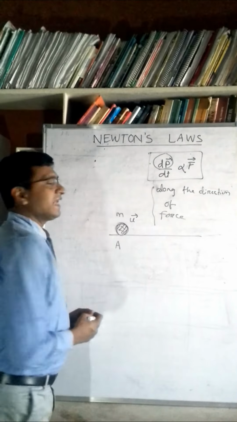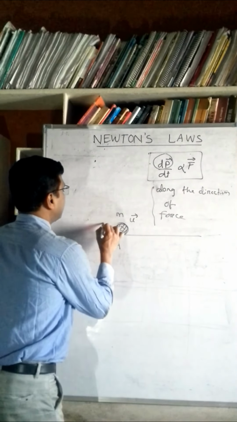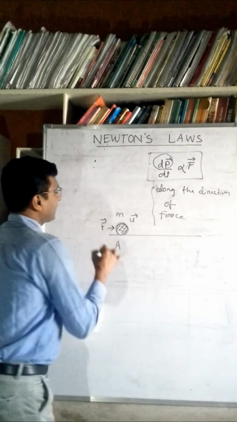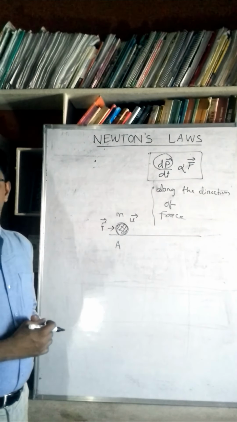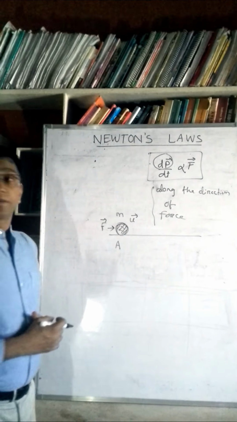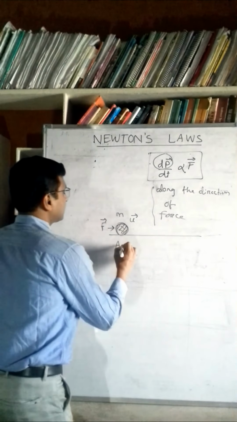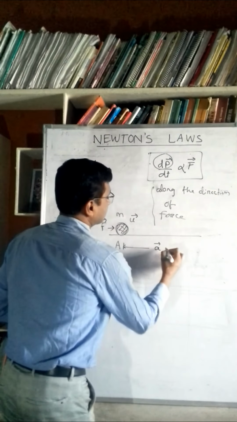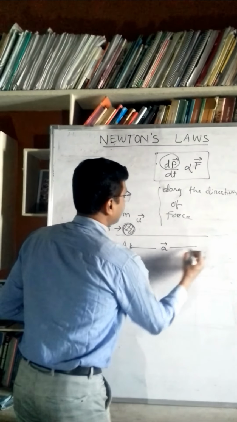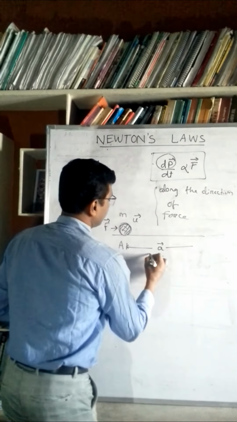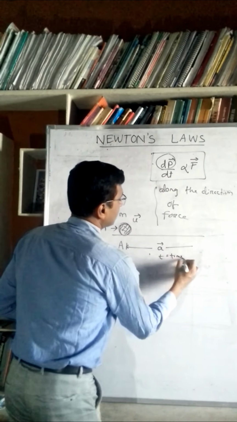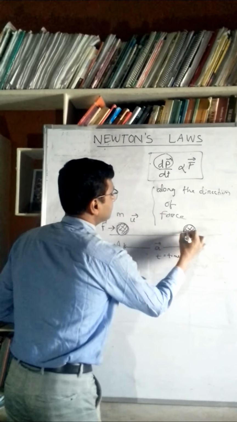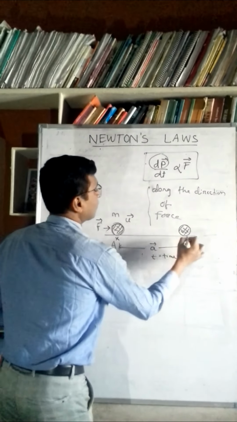Now what happened? An external force F, net force F, is applied on it along this direction. And it brought some acceleration in it. Say the acceleration is a, and after a time t, it is observed that the object A is at y.